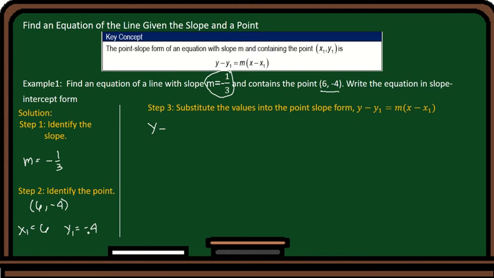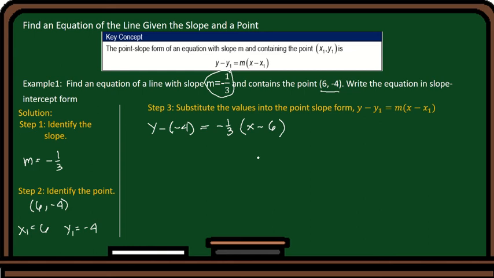Since our y sub 1 here is a negative number, kailangan natin lagyan ng parenthesis. Equals m. Ang m natin is negative 1/3 times x, copy ang x, minus x sub 1 is 6. Okay. So, ito yung magiging first step natin in substituting the values.